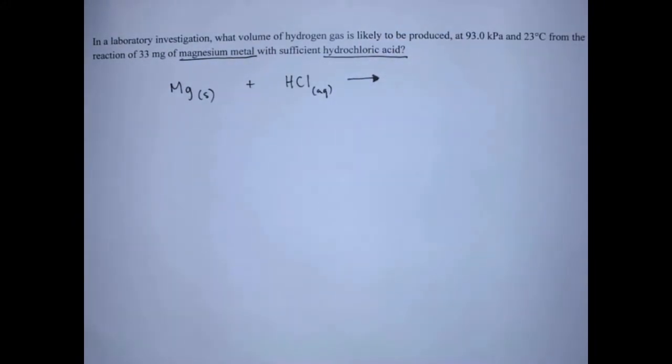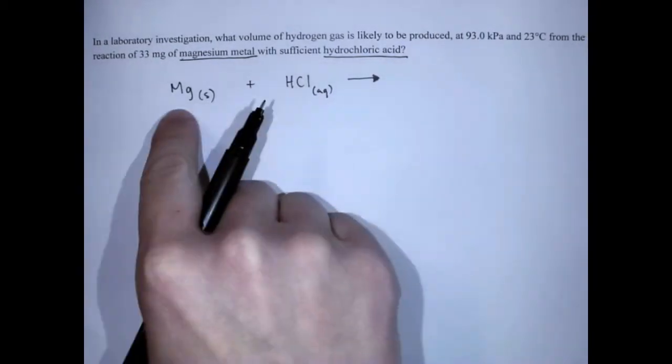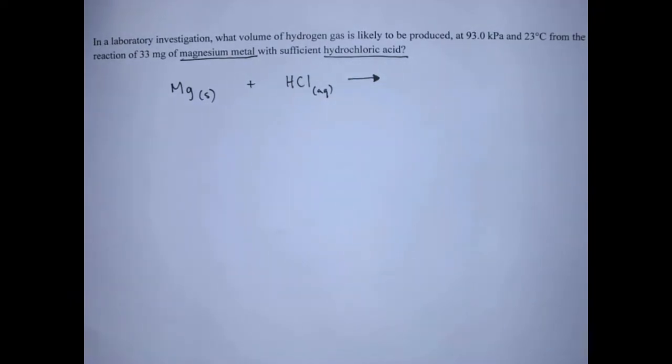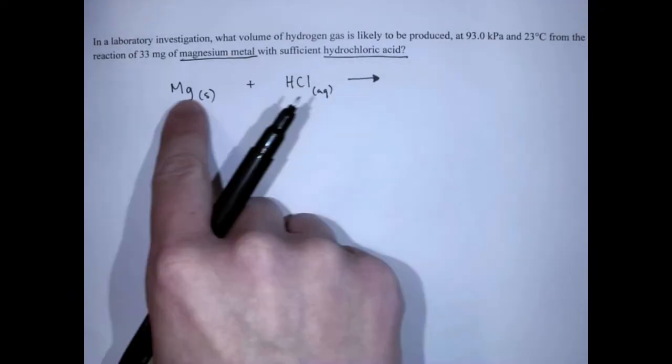Once again, pause the video and think through what the other product is likely going to be. One of them's hydrogen gas. What would the other one be? And have a look too at what type of reaction it is probably going to be. That might help you predict what the products are going to be. All right. So this is a single displacement reaction.